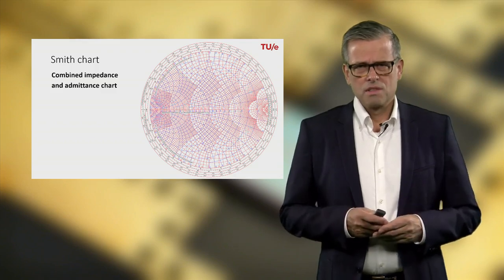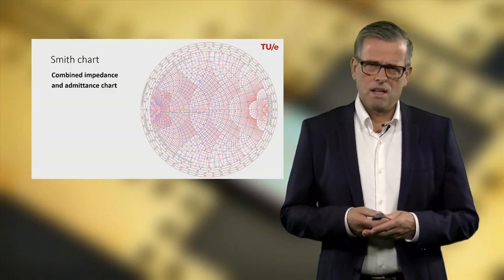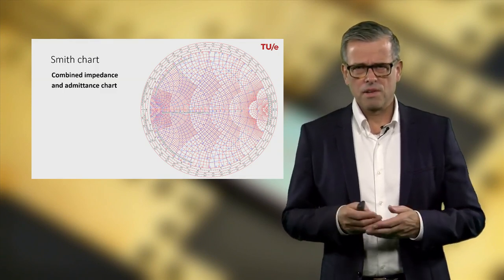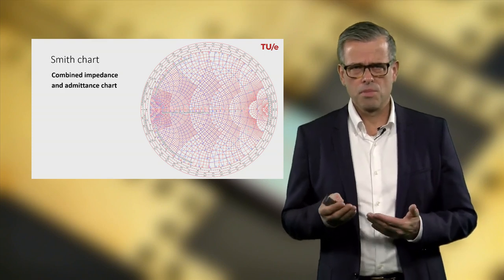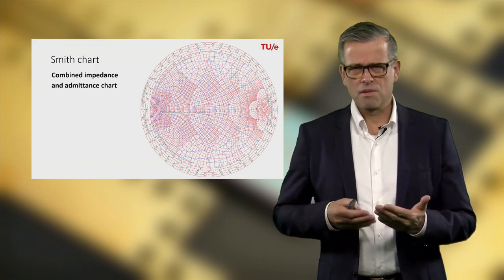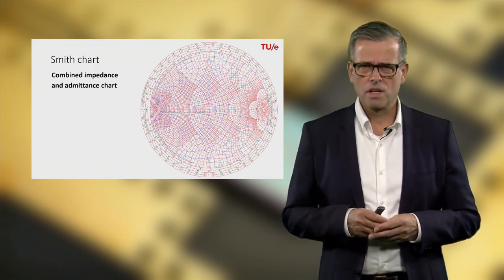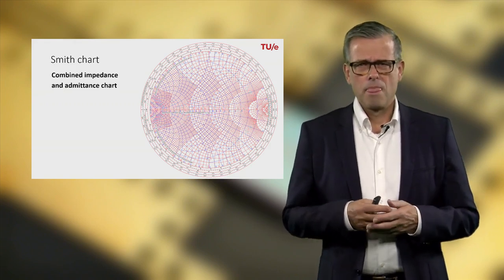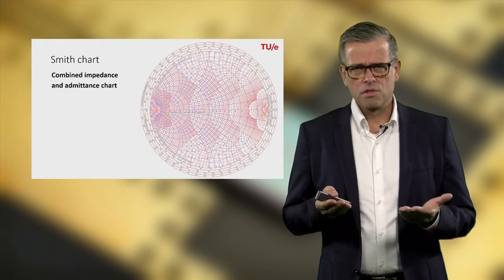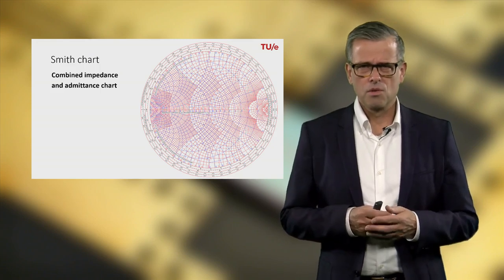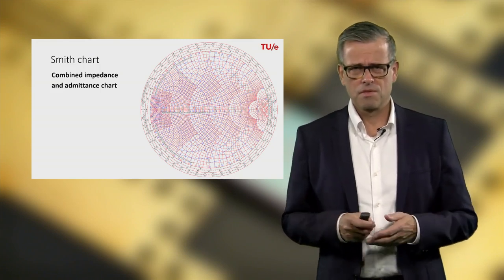Up to now, we looked into the Smith chart by considering the input impedance and the relation to the reflection coefficient. Of course, it's also possible to plot admittances instead of impedances. So we would have circles corresponding to a constant conductance, or curves corresponding to constant susceptances.